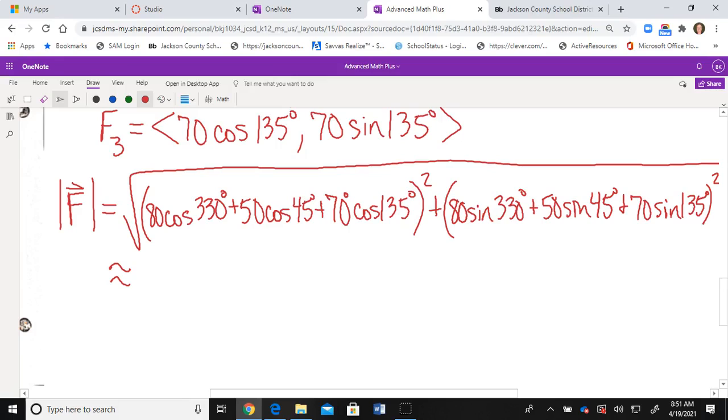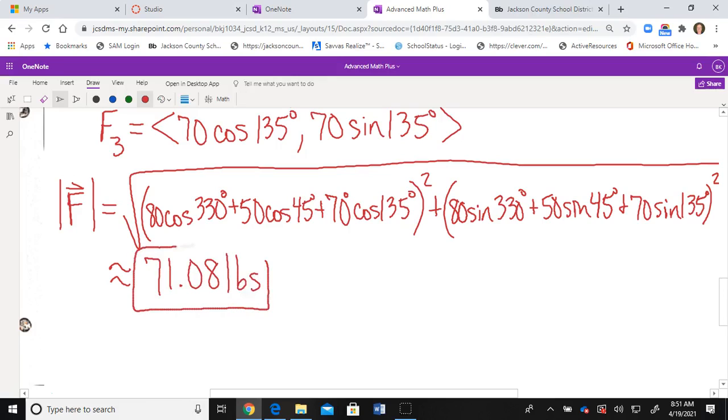Yeah, that's right. Okay, so you could do it by hand, but just use your calculator. Just make sure you put your stuff in correctly. If you put all that in, you should get out 71.08.